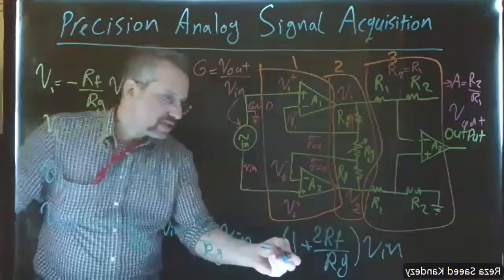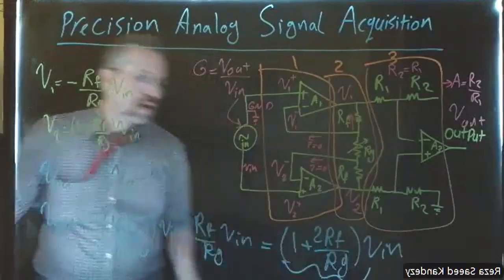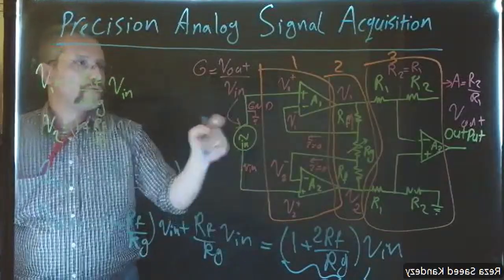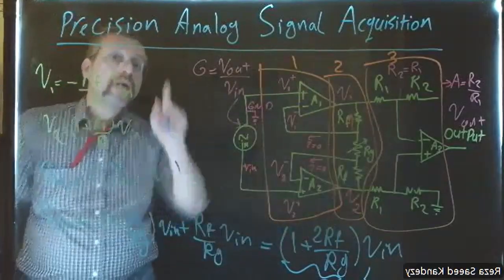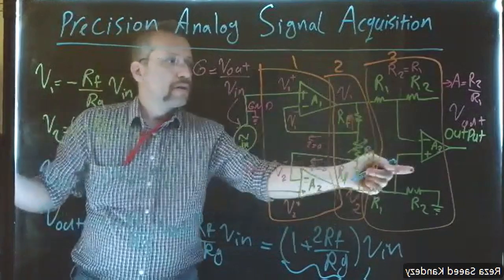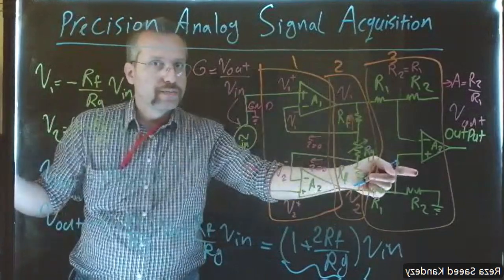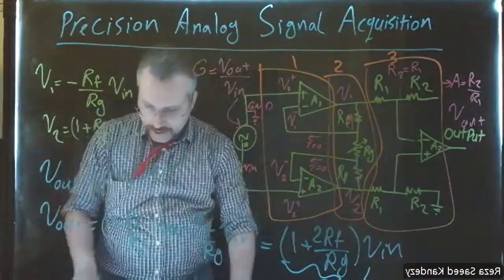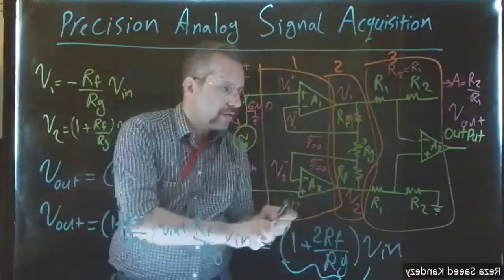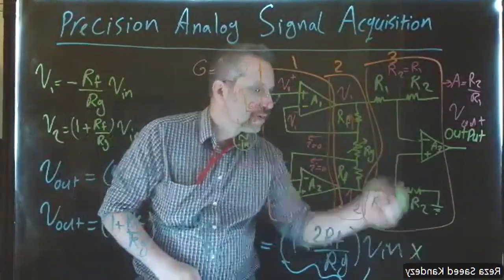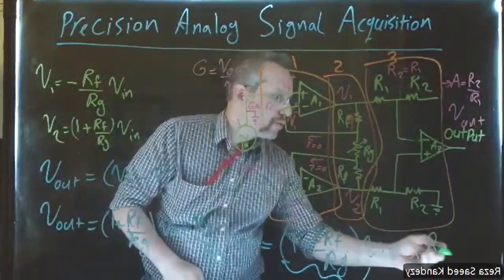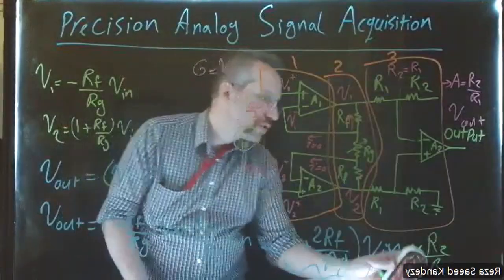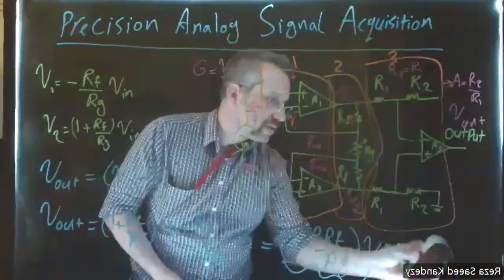Okay, so this is our gain. This part is the gain of our 3-op-amp amplifier, considering the comparator is a unity. If we don't set that as a unity gain, we are going to have times R2 over R1. But since we set it as a unity gain, we don't have this.